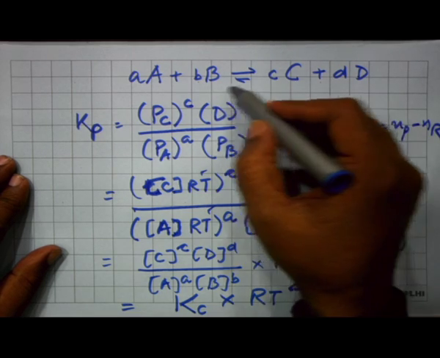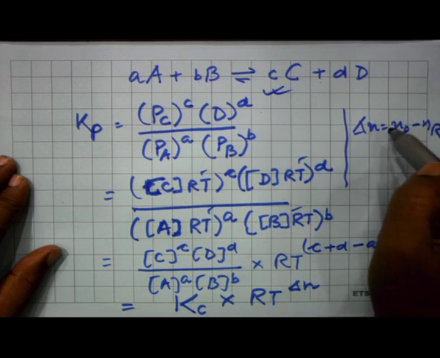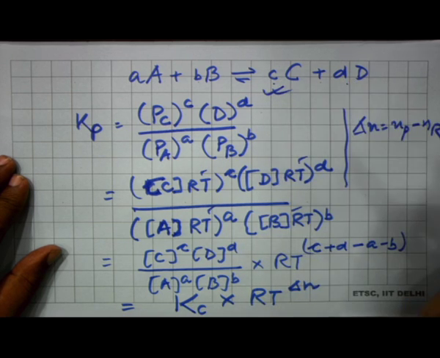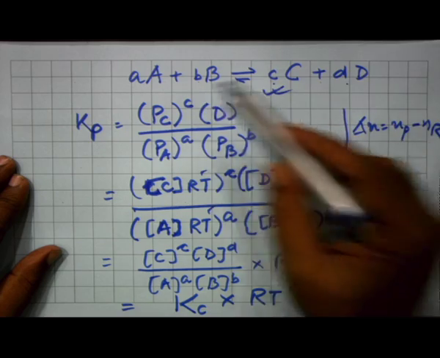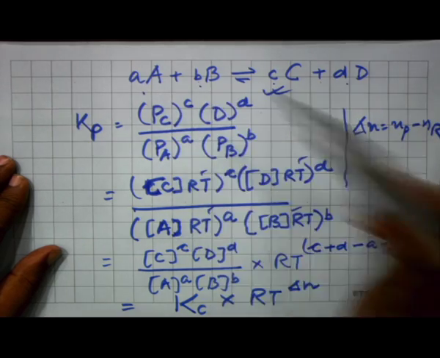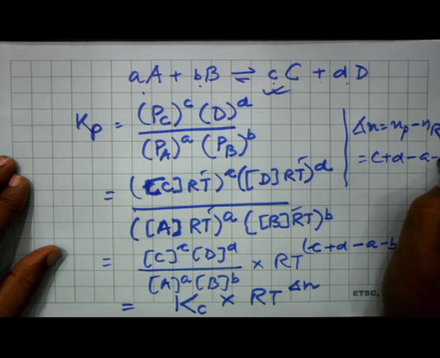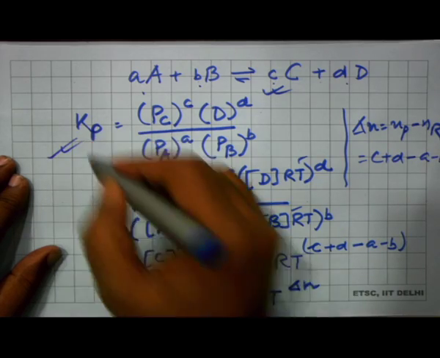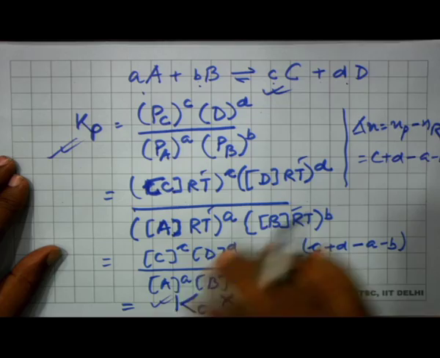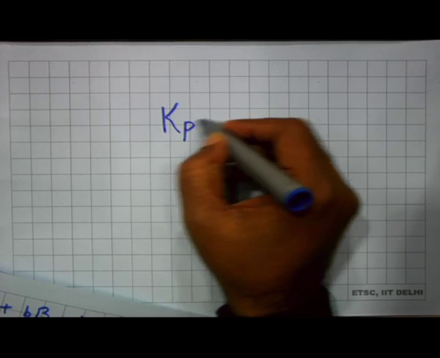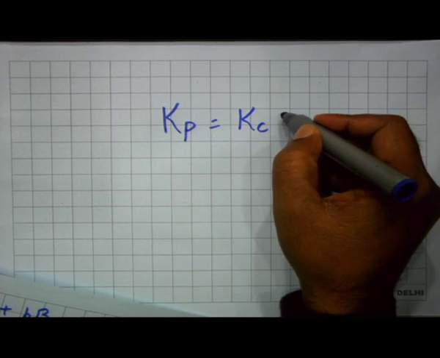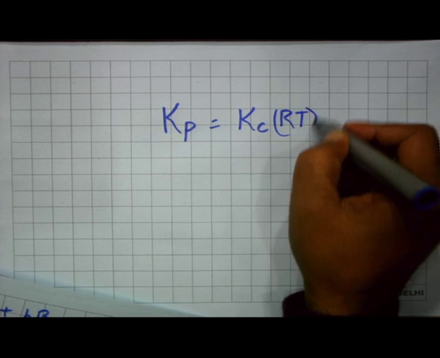In this case, n of product is c plus d, whereas n of reactant is a plus b. So, there is a relation between Kp and Kc, and the relation is Kp is equal to Kc RT delta n.